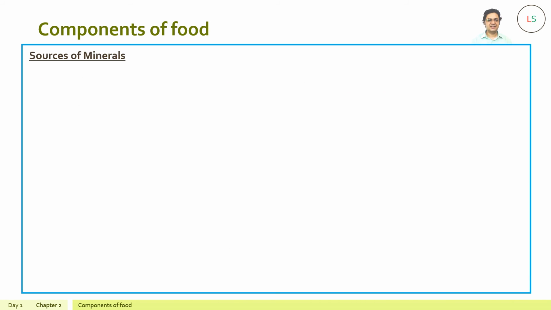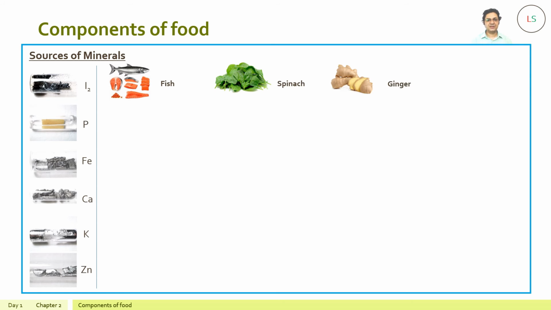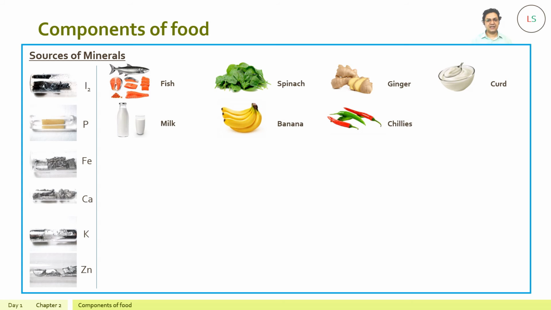Sources of minerals. Here we have a photograph depicting the important minerals required by our body. So the first one is iodine, phosphorus, iron, calcium, potassium and zinc. Now let's see the sources for each of them. So we obtain iodine from fish, spinach, ginger and curd. Phosphorus is obtained from milk, banana, chilies and cereals.